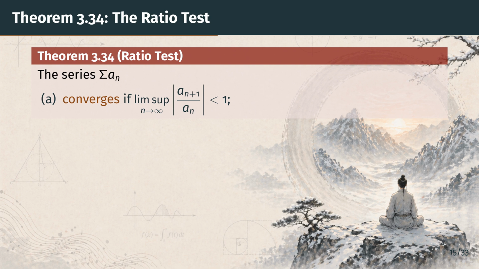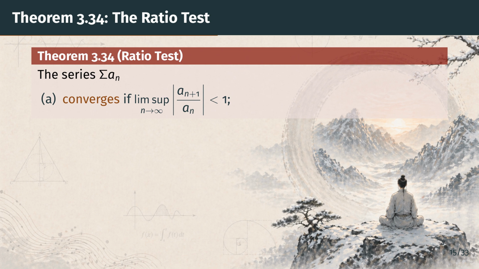The ratio test looks at consecutive terms instead of roots. Here is the convergence half. The series converges if the upper limit, as n goes to infinity, of the absolute value of the ratio of consecutive terms is strictly less than 1.